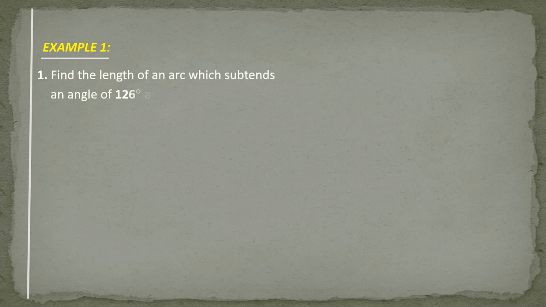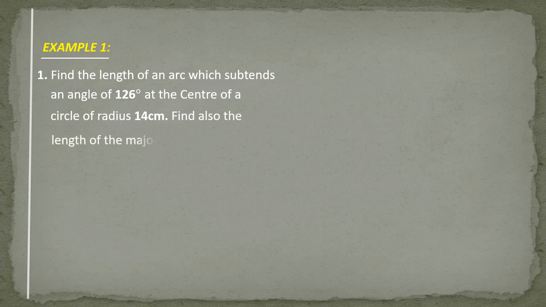Having talked about that, we can ably apply the formula discussed above in our example number 1. Find the length of an arc which subtends an angle of 126 degrees at the center of a circle of radius 14 centimeters. Find also the length of the major arc.